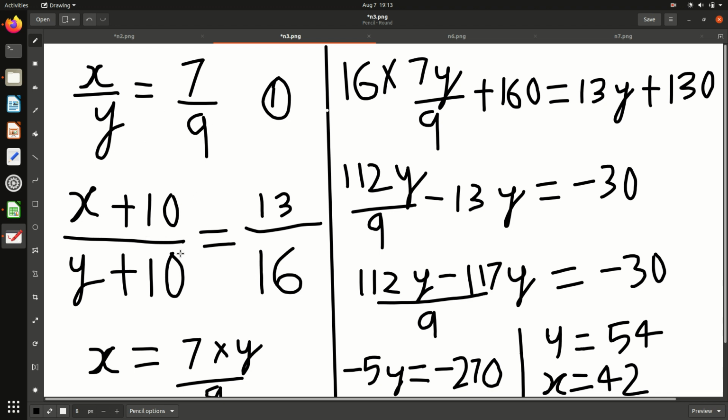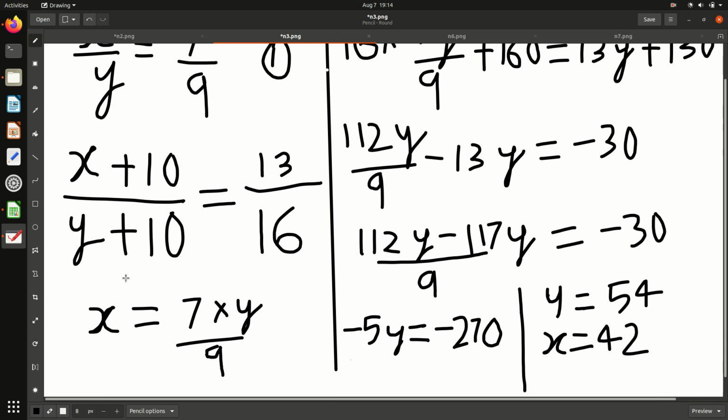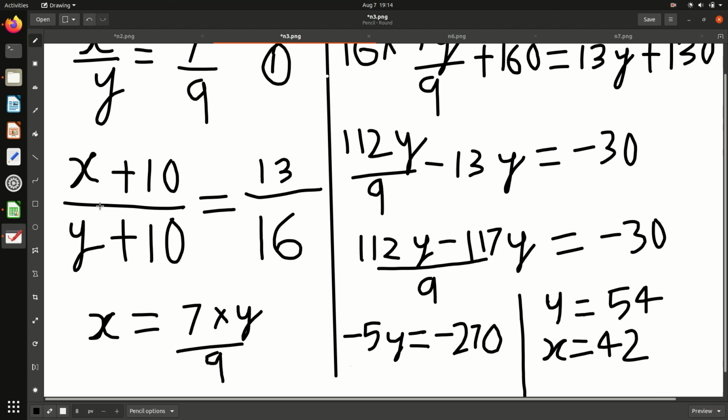Whenever you have to solve these types of equations, the main logic is to try to make one equation in one variable. So what I am doing is making the second equation in one variable. How to do this? We have X also, Y also. So we will try to create it either only in X or only in Y. This is very easy.